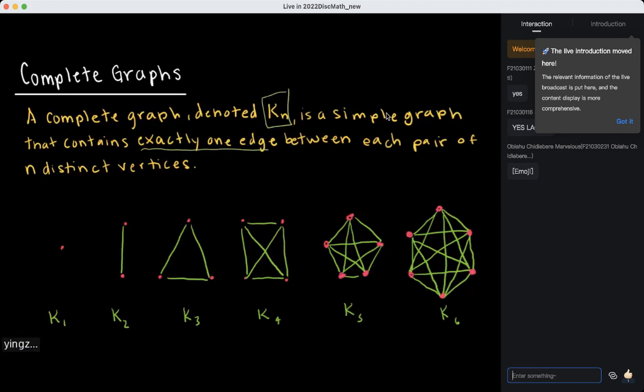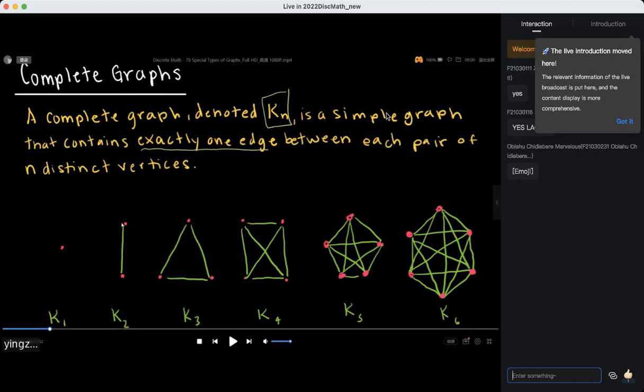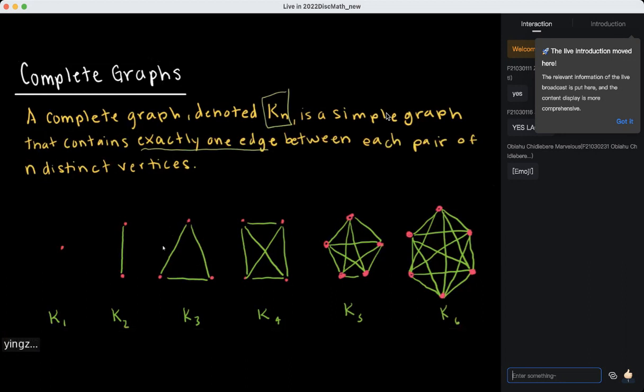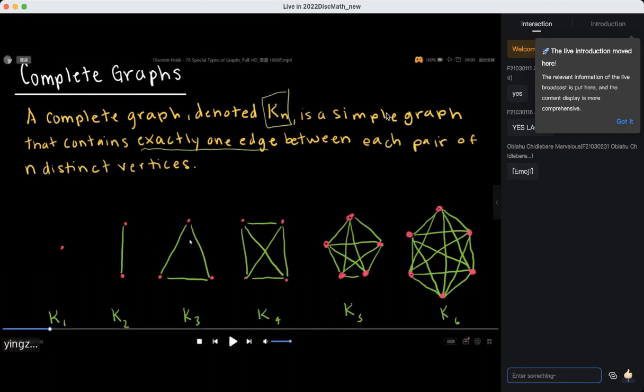Complete graph. So complete graph just means each node should have an edge connected to all the rest of the nodes.